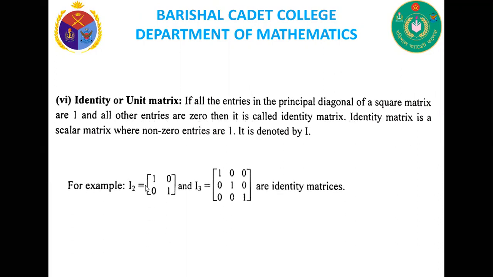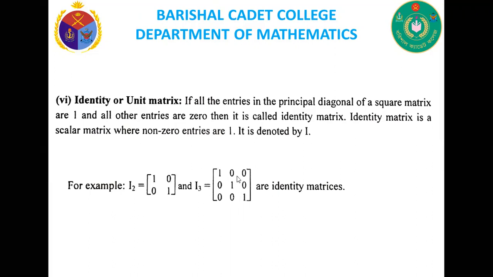Here you can see that this is a square matrix. Again, this is a diagonal matrix. Again, this is a scalar matrix. Again, this is an identity matrix or unit matrix. In this matrix, the elements lying on the principal diagonal are exactly 1 and others are 0.